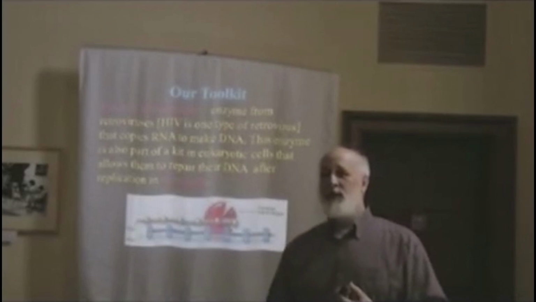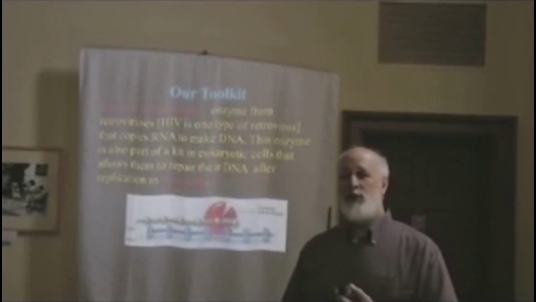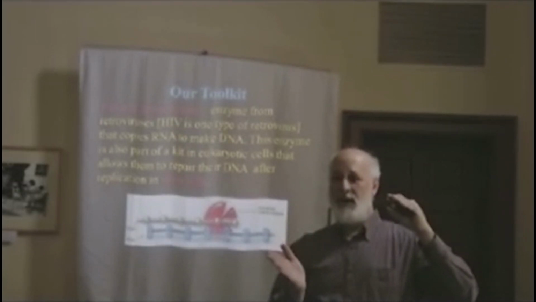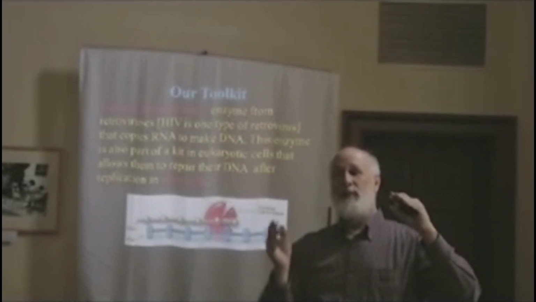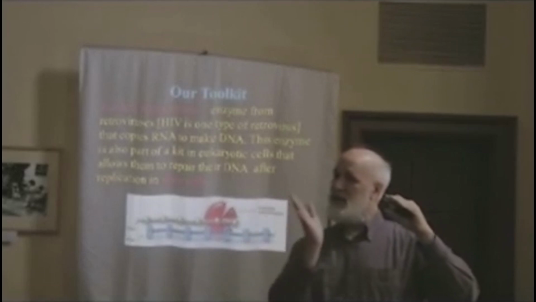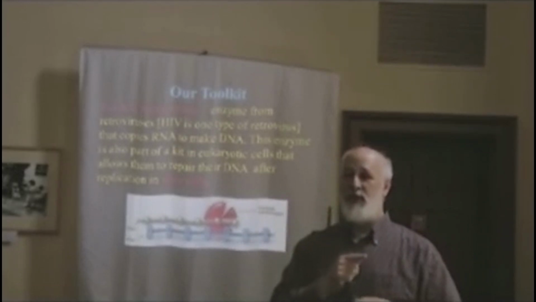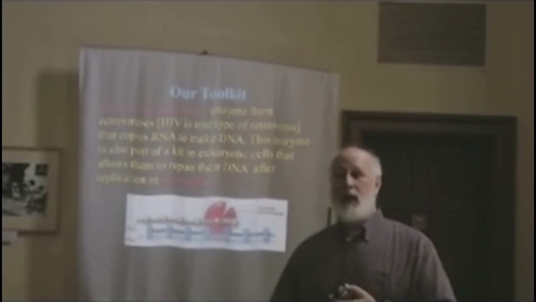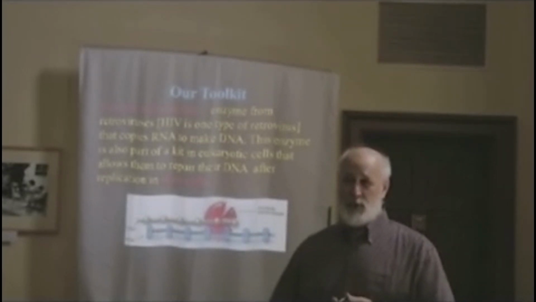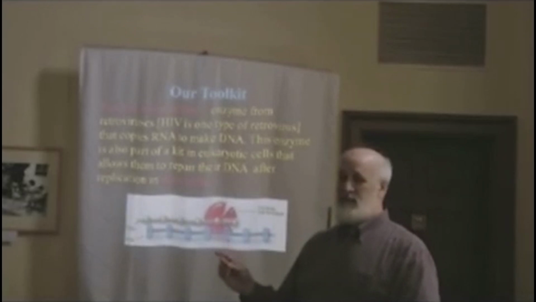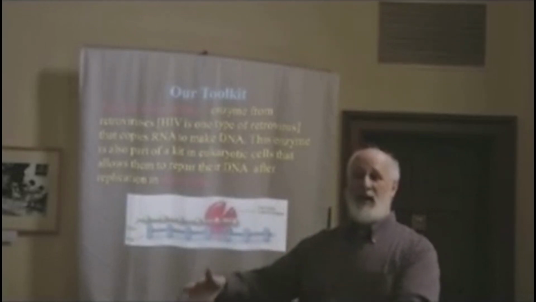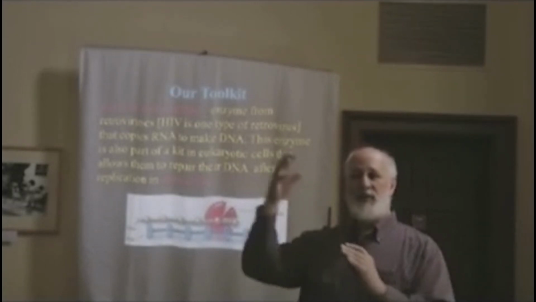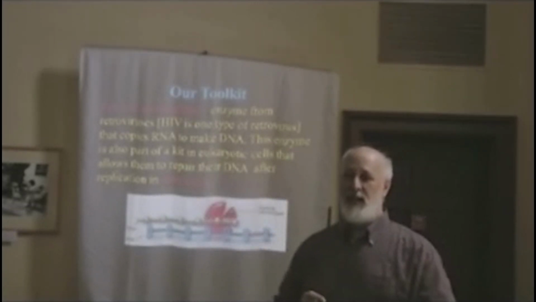And finally, in our toolkit, we have an enzyme called reverse transcriptase. The process of copying DNA to make RNA is called transcription. The process of copying RNA to make DNA is reverse transcription. Things like HIV and other retroviruses carry along a copy of the enzyme reverse transcriptase. And when an HIV particle inserts its RNA into a cell, that enzyme makes a piece of DNA, which then goes into your nucleus and becomes part of your DNA.